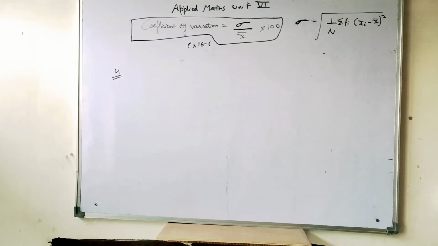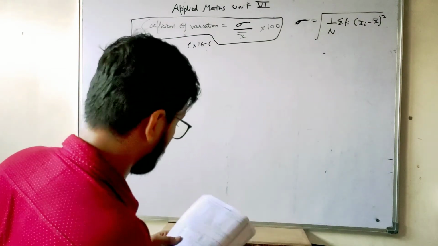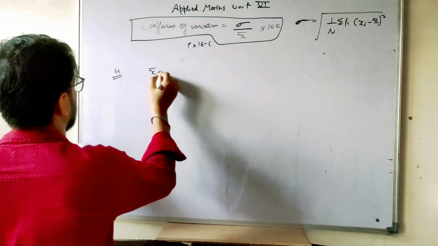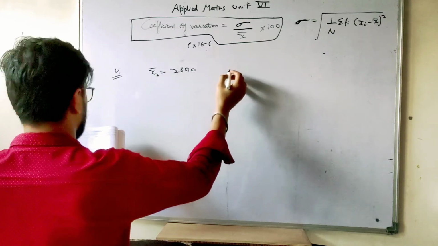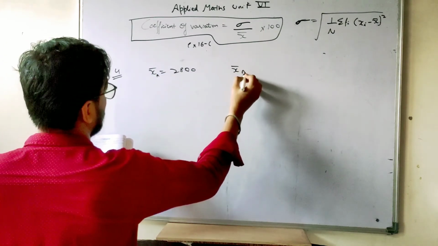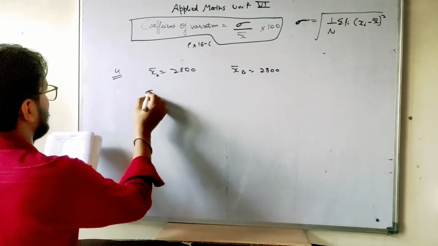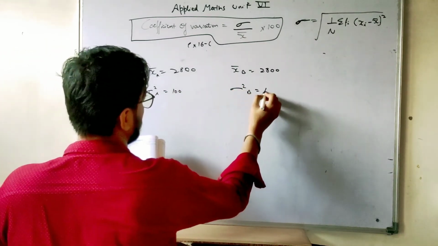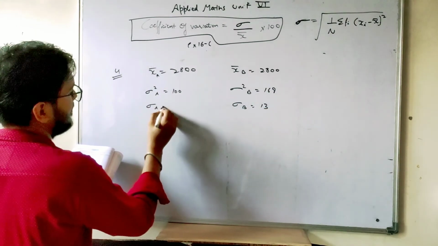Each worker is getting 2800. So X bar for firm A and X bar for firm B are both 2800. Variance means sigma square A is 100 and sigma square B is 169. So sigma B will be 13 and sigma A will be 10.